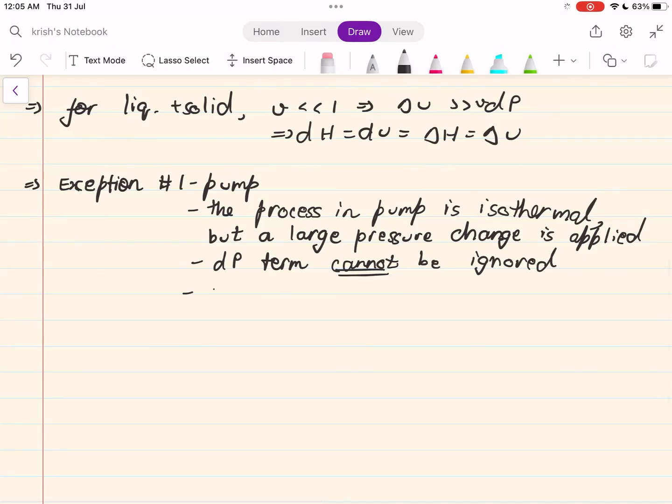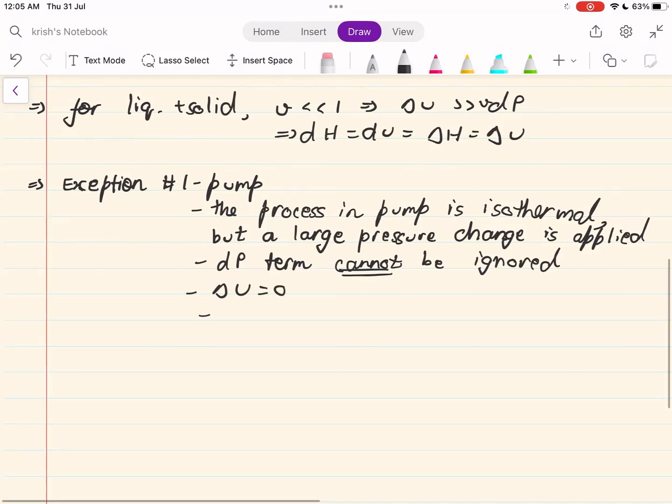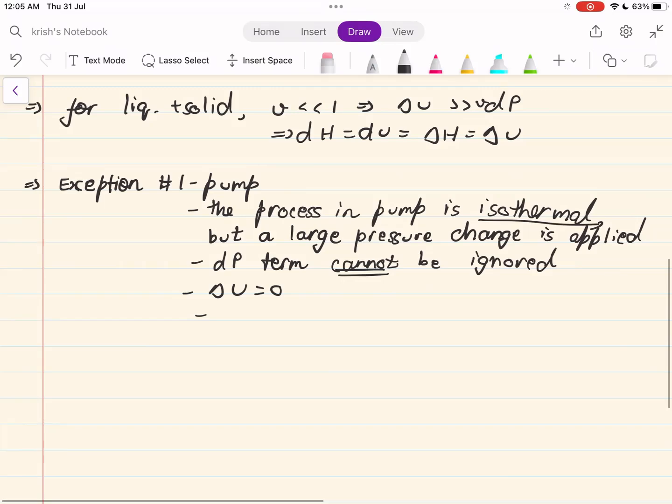In the pump, delta U is 0, because remember, isothermal process, so dt becomes 0, hence delta U becomes 0. So in a pump, delta H is v delta P. Right. And that was pretty much it for specific heats of solids and liquids.